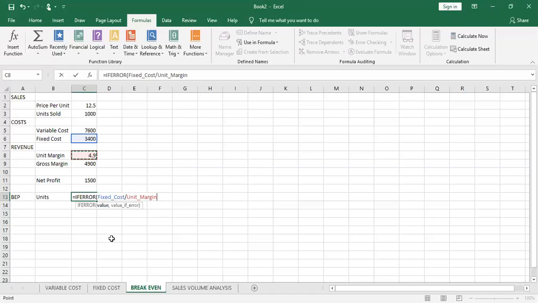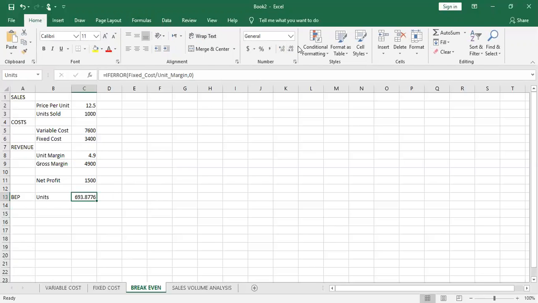Then comma, the value if error should be 0. The value if error is 0, and this gives us the break-even point in units. As this is in units, we will have to round to the nearest whole number. So come and click on the decrease decimal. As you click on the decrease decimal, it gives us the nearest whole number, which is 694.